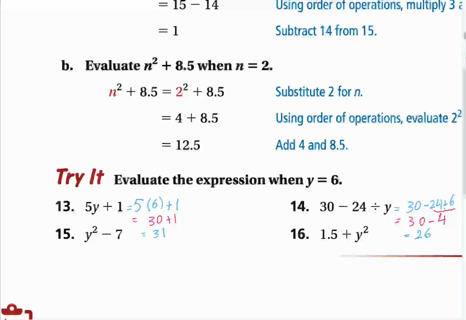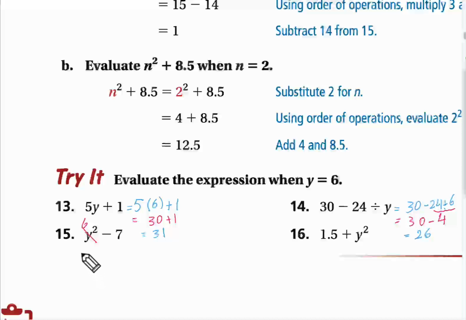Ali al-Mu'min? Yes, teacher. Question 15: y to the power of 2 minus 7. What is the value of y? 6. Okay, so we substitute 6 for y.